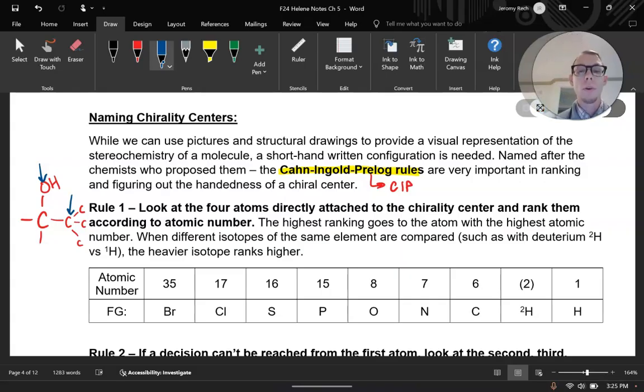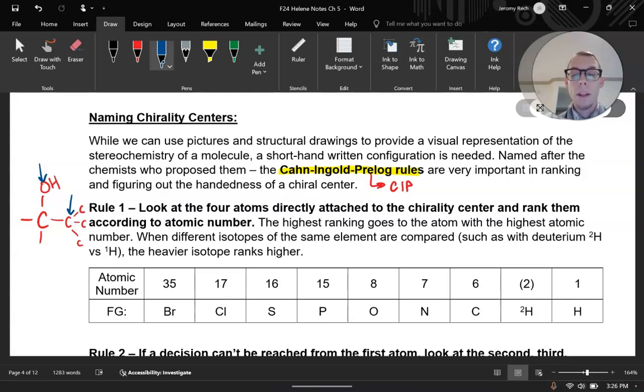So for our very first rule, we are going to look at the very first atom that is directly bound to our chiral center. Most of the time it's going to be a carbon as our chiral center. And once we look at whatever that unique atom is, we're going to rank it by the atomic number. And the atomic number is going to be what you see on the periodic table.